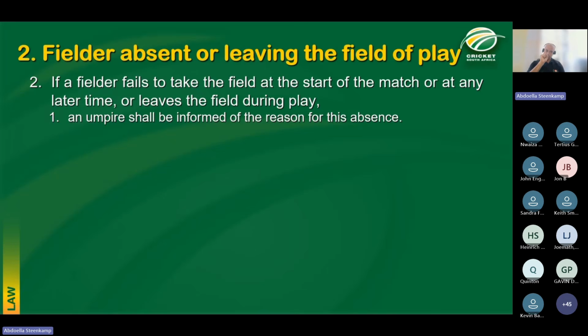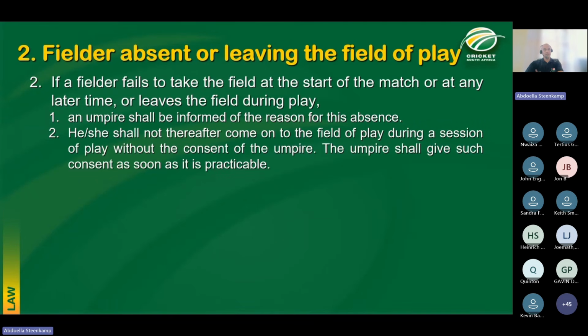And also importantly, you need to write down the time that Cindy goes off. Let's use a time of 10:30. Then what you need to do is, before Cindy comes back onto the field of play, so Cindy will now go off to get treatment to her hamstring.